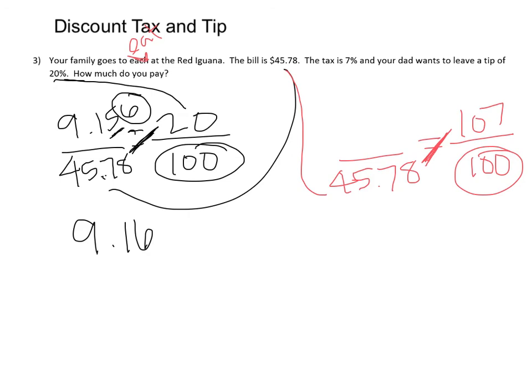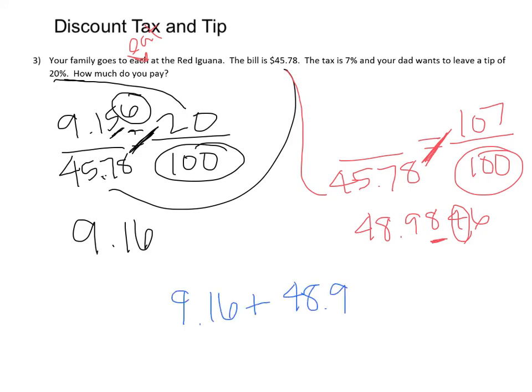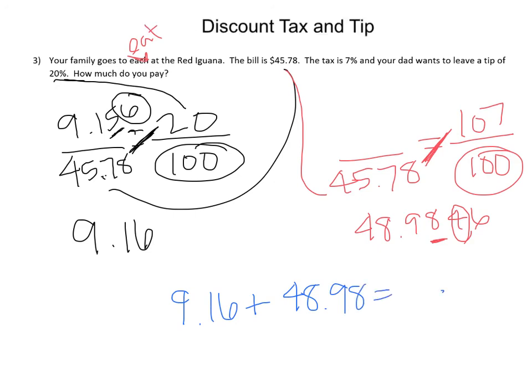And what we end up with is 48.9846. Remember, we need to round to that second spot, so I'm looking at the 4. It's not bigger than 5, so it stays at an 8. Now I'm going to add the two together. So $9.16 plus 48.98 equals a grand total of $58.14.